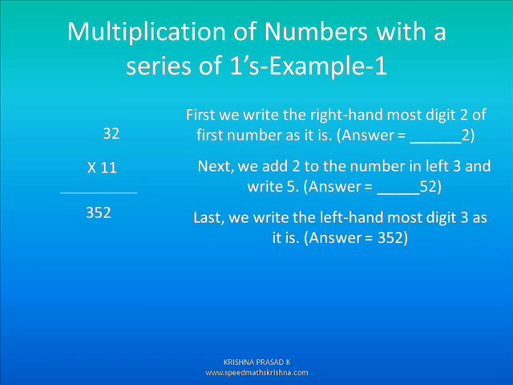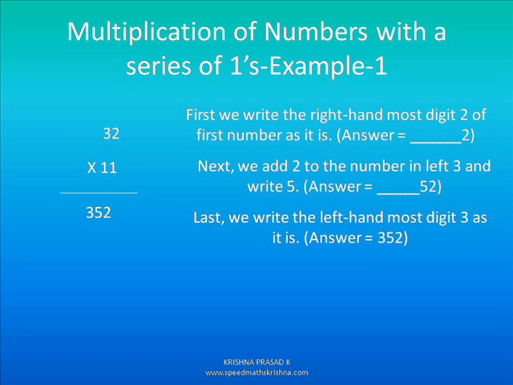So how to do this? We have to consider the mirror reflection concept. Take the extreme two digits as they are in the answer, that is 32. In 32, write 2 towards the right and 3 towards the left, leaving some space between them.